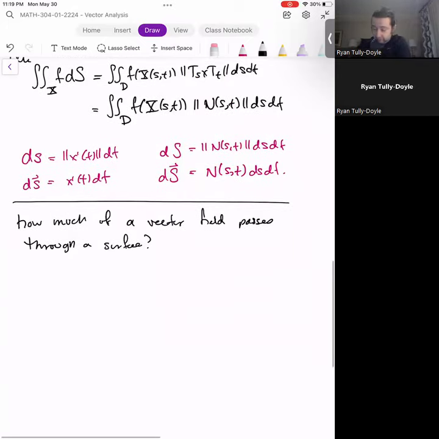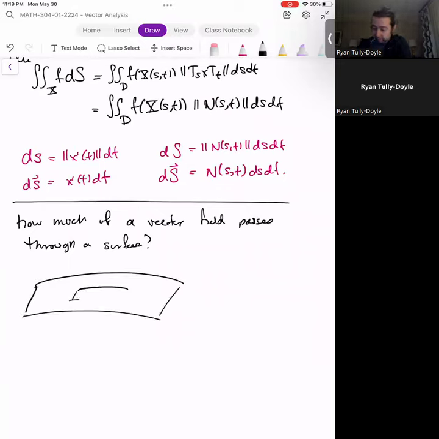So a little picture of that would be, you have a surface, you have a little chunk of it, which you can think of as being dS, right? So we've broken up the surface into these little pieces. And then that has a normal vector attached to it, N. And sticking out of the normal vector, or maybe coming through the surface at that particular point, is some force field F or flow field.